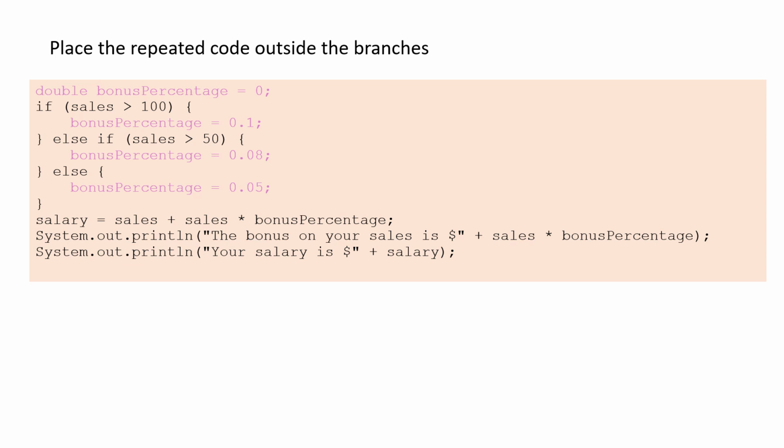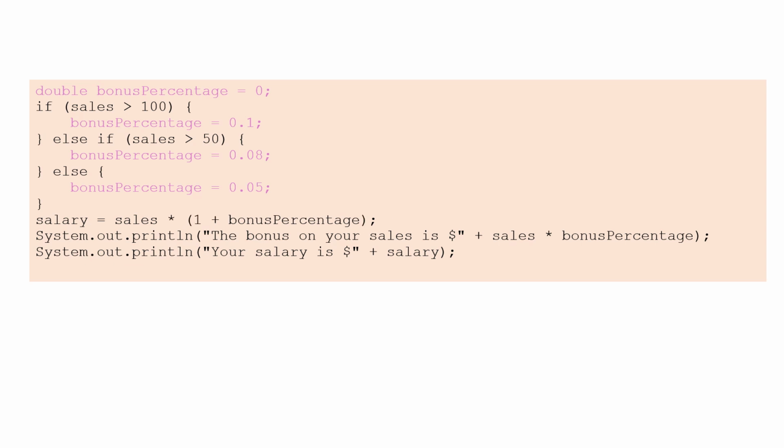However, we can slightly tweak the way that the salary is calculated right now. Instead of having sale plus sale multiplied by bonus percentage, we can have sale multiplied by 1 plus bonus percentage. That's a small tweak that makes the code even better.